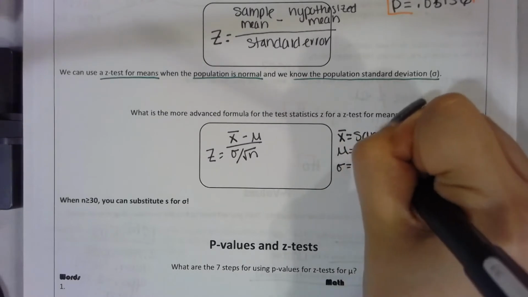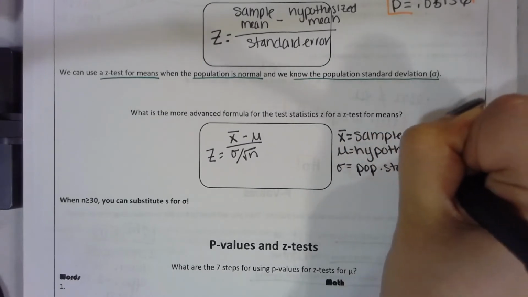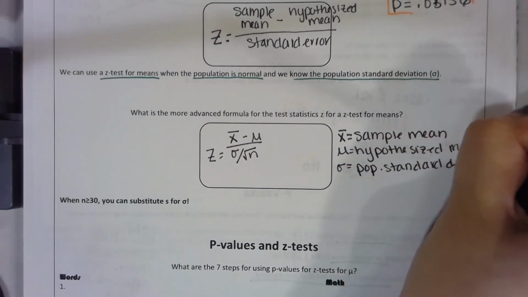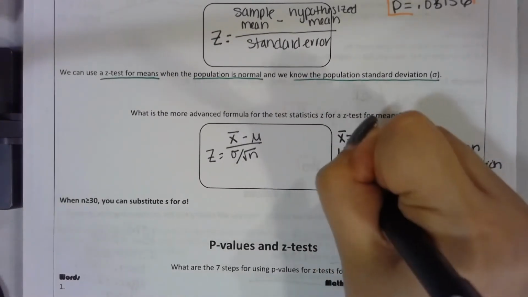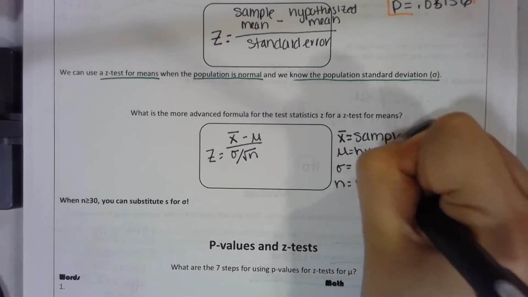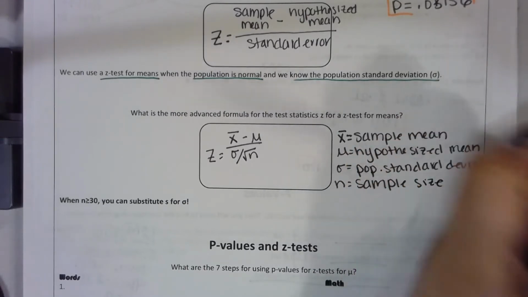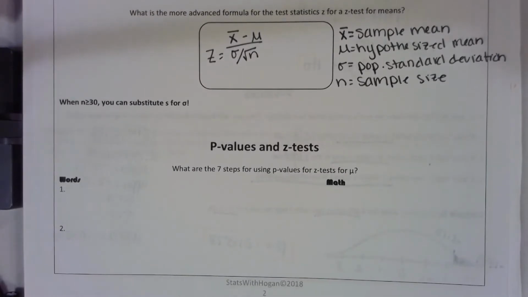Now, p-values and z-tests. So there's 7 steps for using p-values for z-test for mu. The words are going to tell you what you need to do, but the math is the actual work. So when you're doing this as a problem, you need to do the math part. But the words part will tell you what everything means and what you're doing.